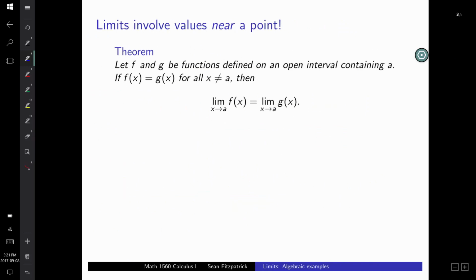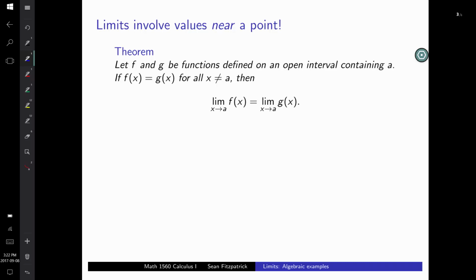Now, the other thing you'll recall from the earlier videos is that when we're evaluating a limit, we're considering values of x that are close to a, but we never actually consider the value x equals a. We're near a, but we're not actually equal to a. And because of that, the limit really only cares about values of x that are near a point, not at the point. It means if I've got two functions that agree everywhere except at one point, their limits are going to agree.